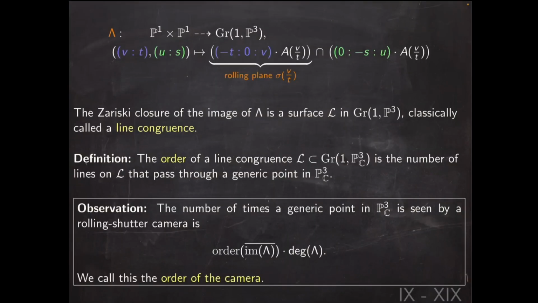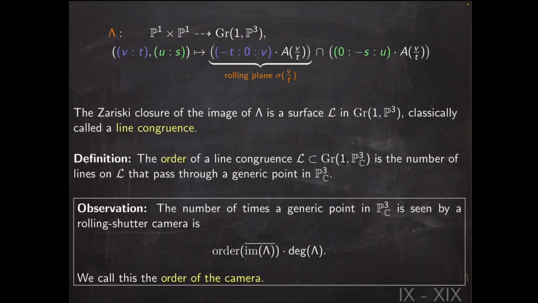Because here is in fact the statement: how often a rolling shutter camera sees a generic point is the order of its congruence times the degree of this map lambda. Because if a generic point walks through the door and the camera looks at it, then you first have to ask yourself how many orange camera rays pass through it.